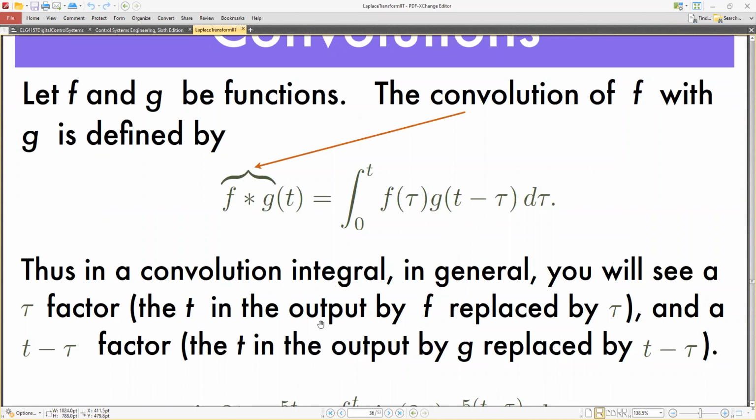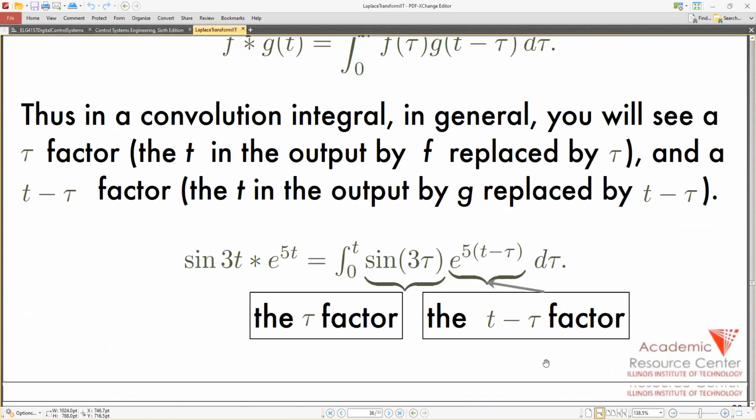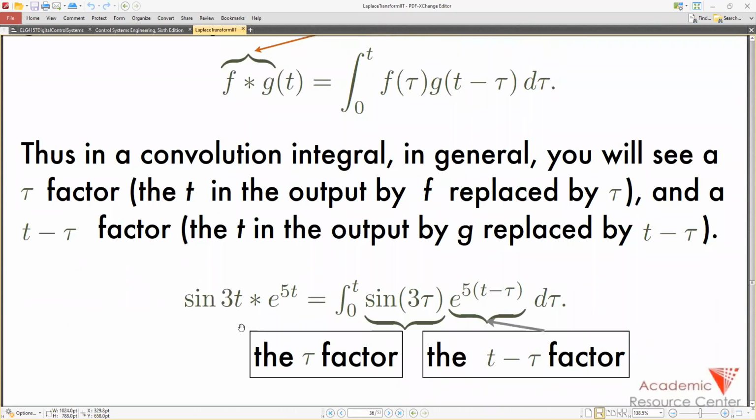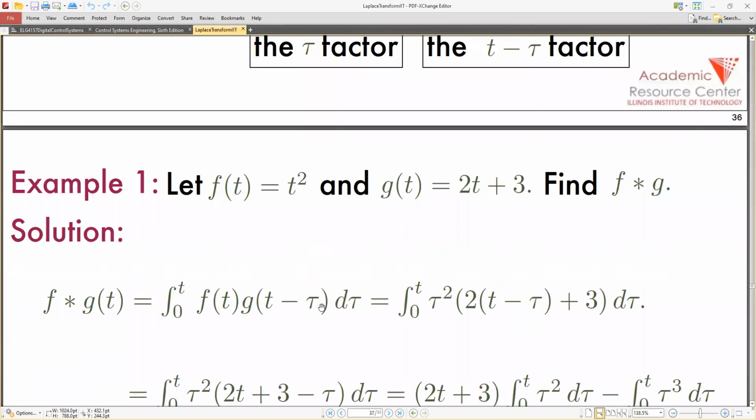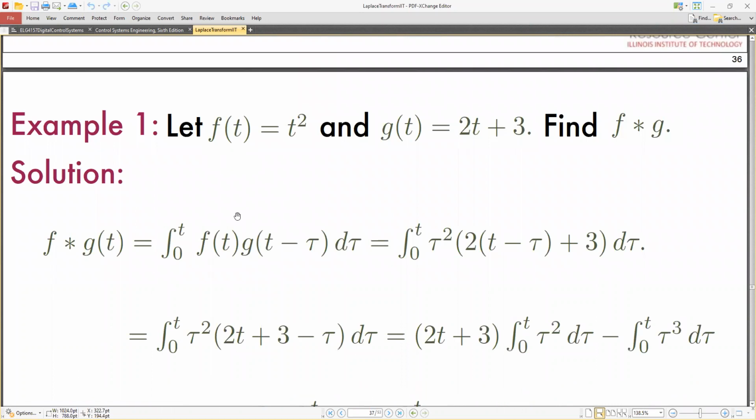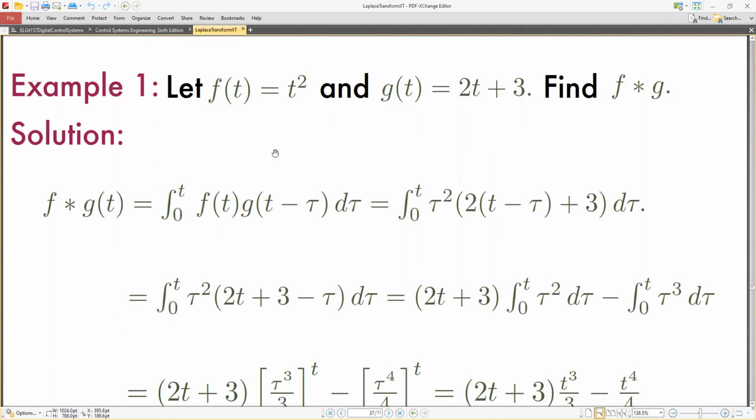The tau factor is the t in the output by f replaced by tau, and the t minus tau factor is the t in the output by g replaced by t minus tau. So sine 3t convolved with e to the power 5t would be like this, with the tau factor and the t minus tau factor.